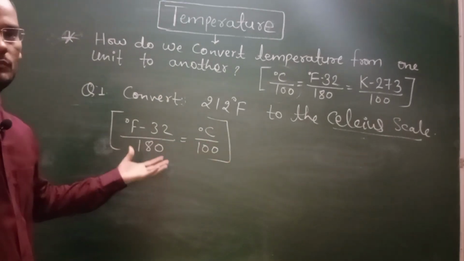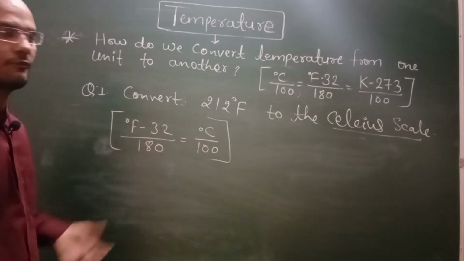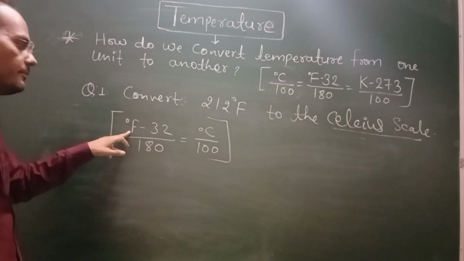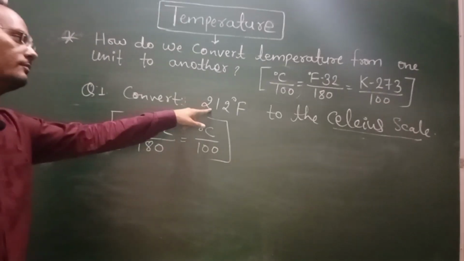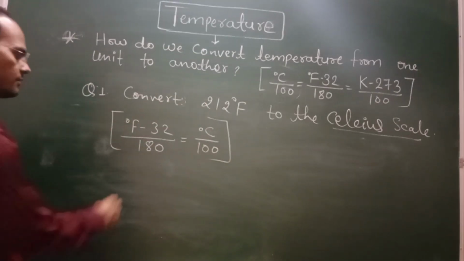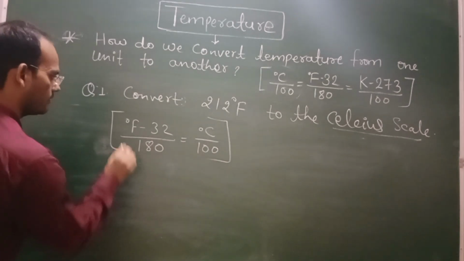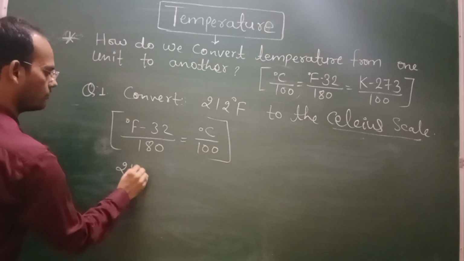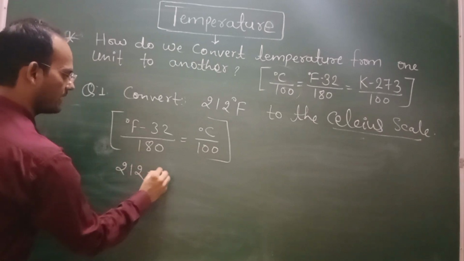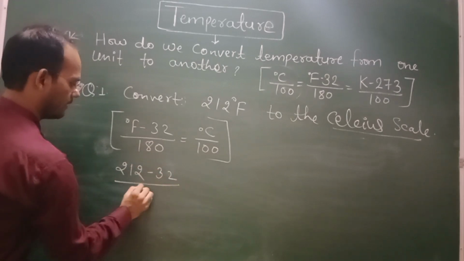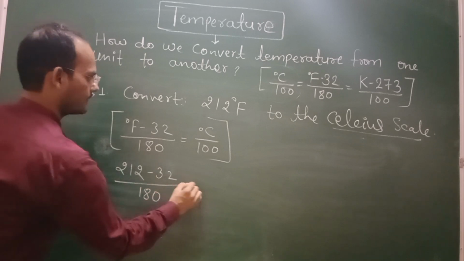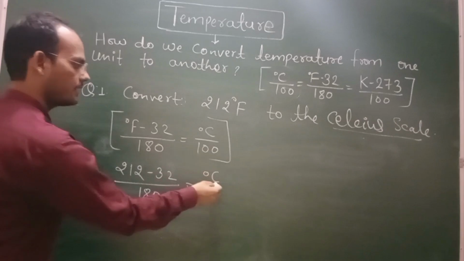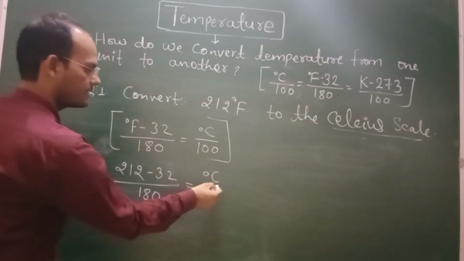So now put the given values in the formula. We are given the degree Fahrenheit temperature, so in place of degree Fahrenheit we put the value 212. (212 minus 32) divided by 180 is equal to degree Celsius divided by 100, because we have to find degree Celsius.